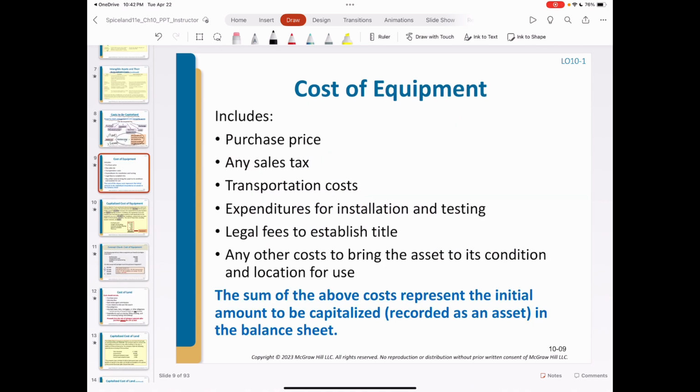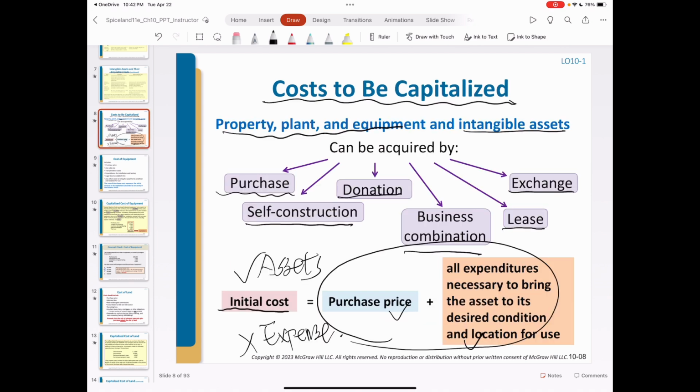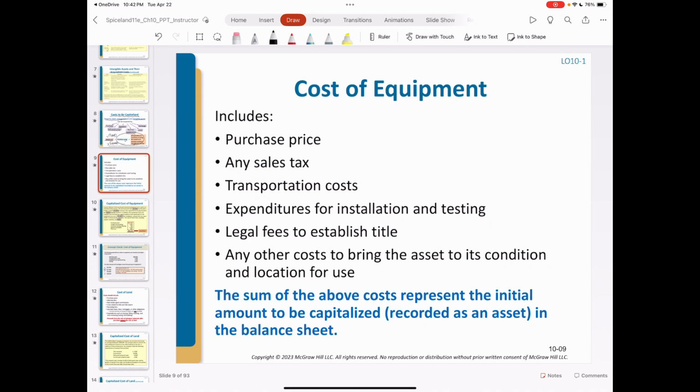Let's use the cost of equipment as an example. When the company acquires equipment, assume it is acquired through purchase. It includes the purchase price, sales tax, transportation cost, expenditures for installation and testing, legal fees to establish title, and any other costs.